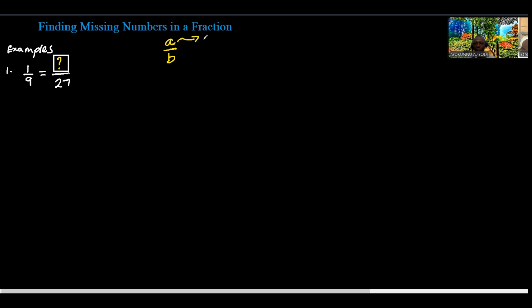The one at the top is called what? Numerator. And the bottom one is called denominator. Yes, denominator. So you're going to compare. In this pair of fractions, we have both denominators and not the numerators. So we're going to compare the denominators. Is that clear?